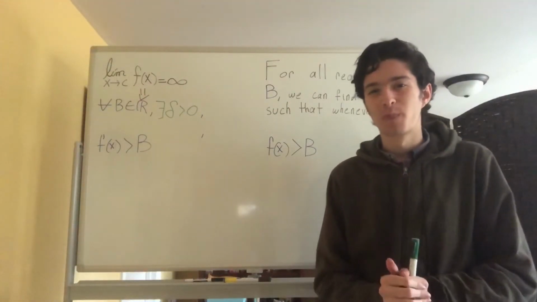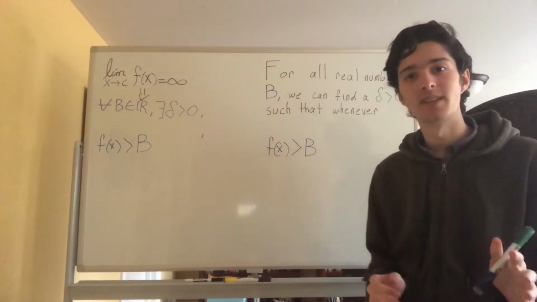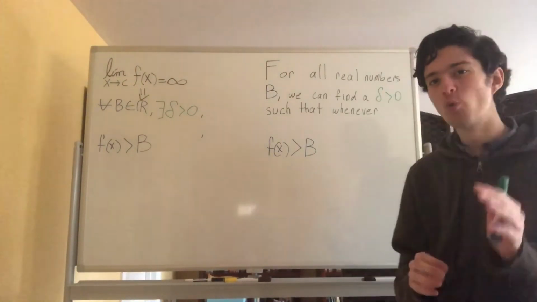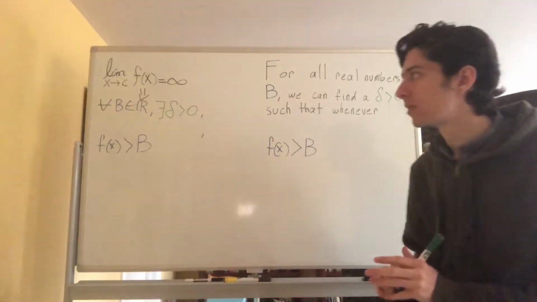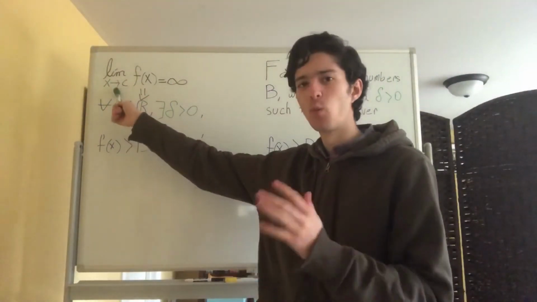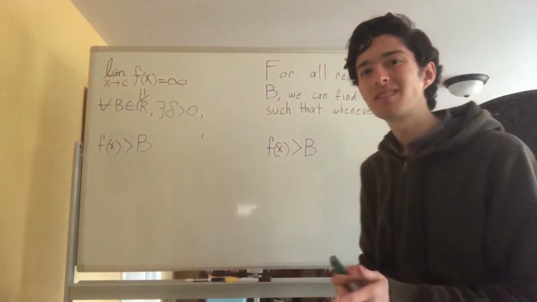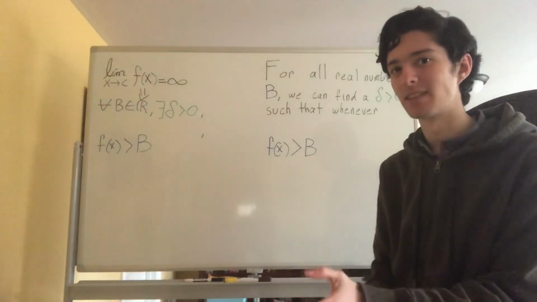So there is one more thing we need to think about, especially when it comes to this type of limit definition. What if x only approaches c from one side? In this example, we are thinking, well, x can be greater than c, x can be less than c.